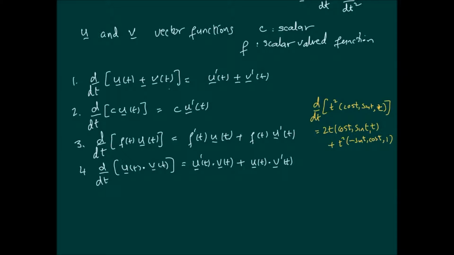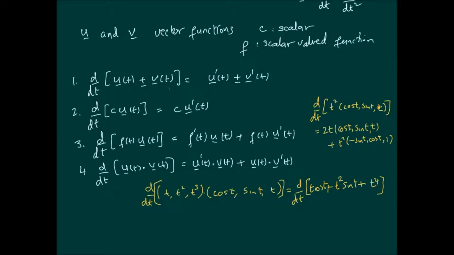For instance, if we were to take the derivative of the dot product of (t squared, t cubed, t) with (cos t, sin t, t), the first thing we would do is take the dot product, and so we would have the derivative of t cos t plus t squared sin t plus t to the 4.